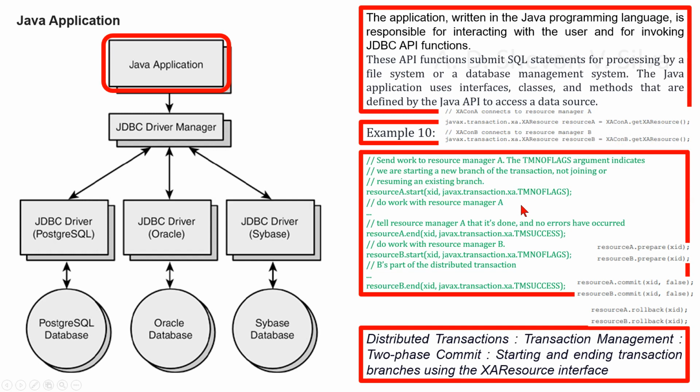Here we send work to resource manager A. The TM no flags argument indicates we are starting a new branch of the transaction, not joining or resuming an existing branch.